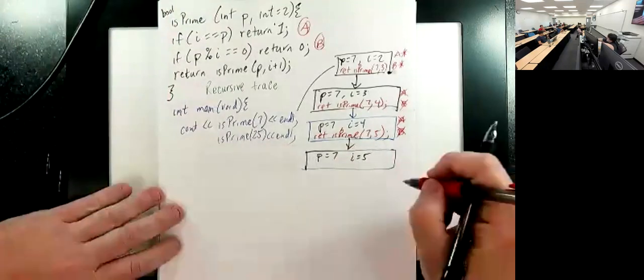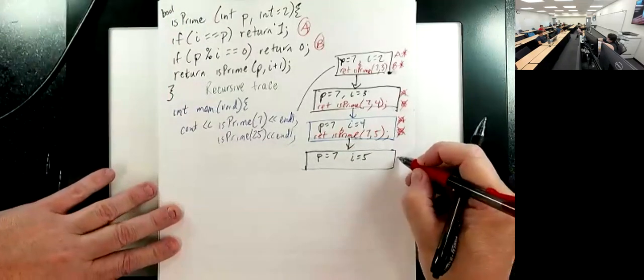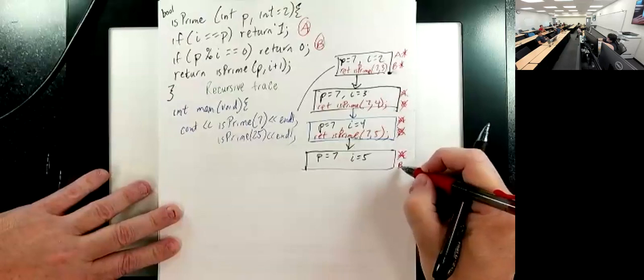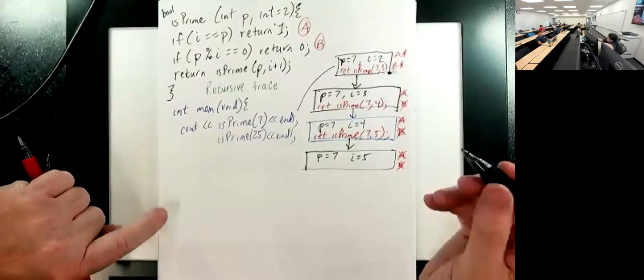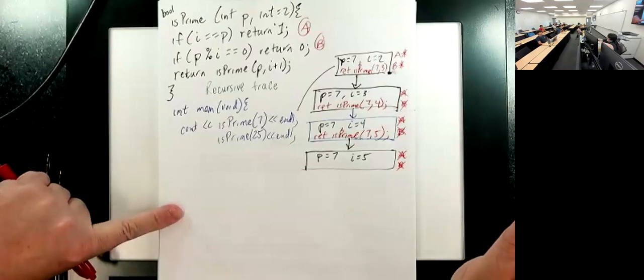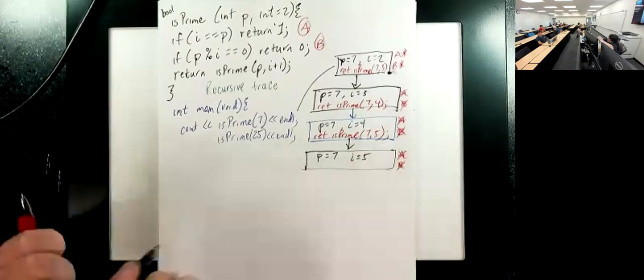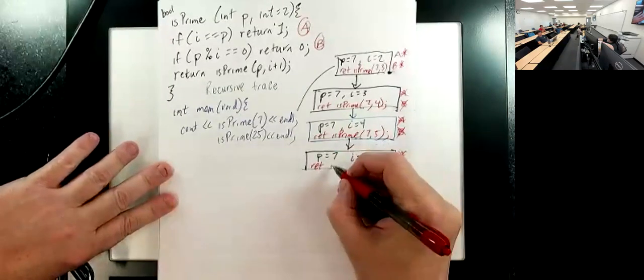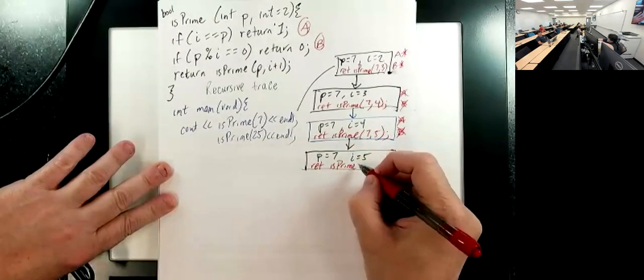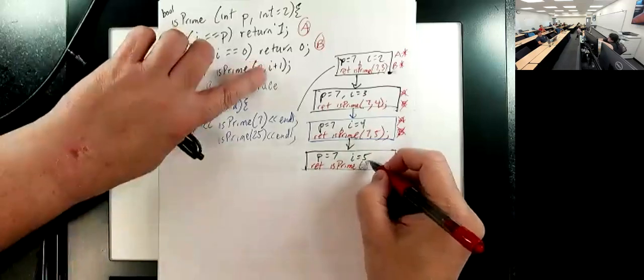Again, A doesn't work. It's not divided by 5 evenly. They don't equal each other and they don't have a remainder of 0. So that's going to return is prime 7,6, because all we're doing is incrementing i each time.